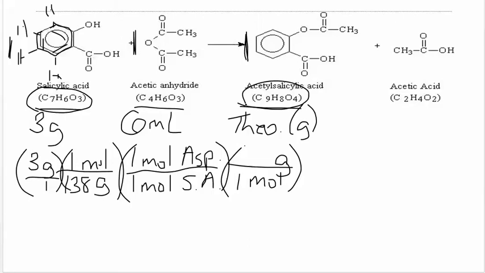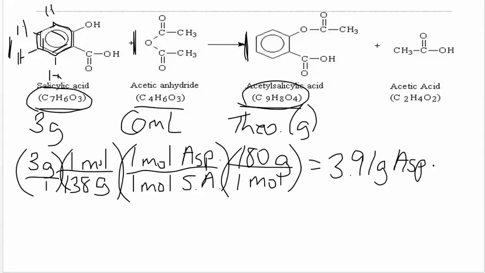The molar mass is 180. So when I solve this, I would expect to produce 3.91 grams of aspirin from 3 grams of salicylic acid.